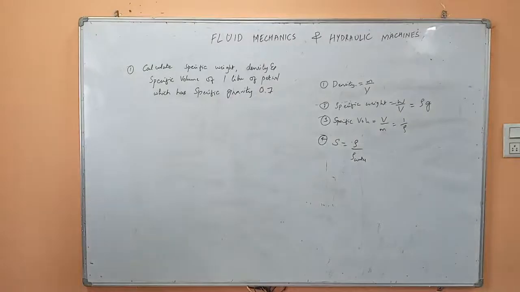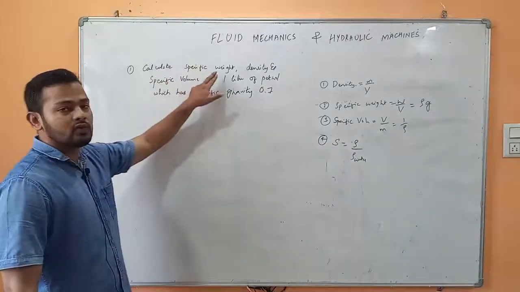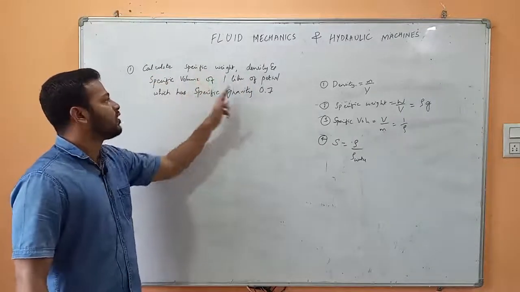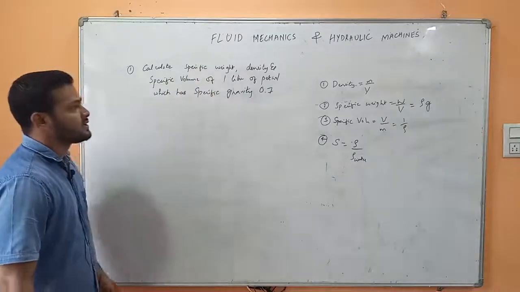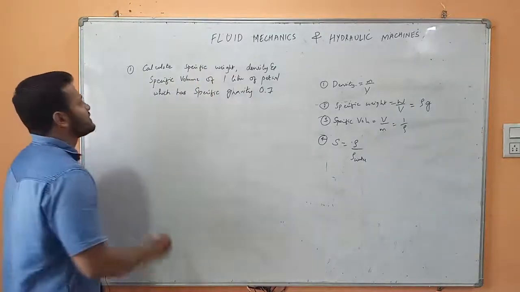Okay, let's take one more problem. Calculate specific weight, density and specific volume of 1 liter of petrol which has specific gravity 0.7.